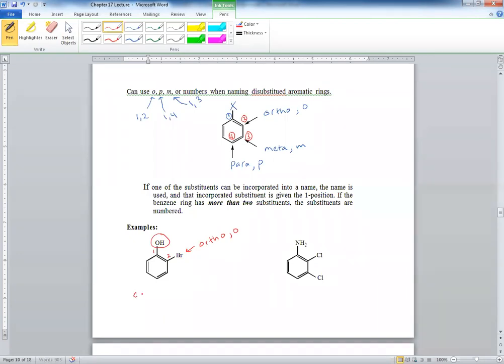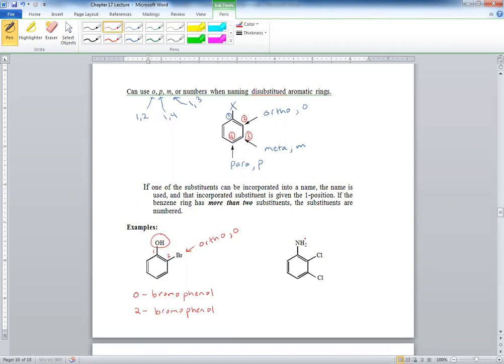You can call it o-bromophenol or 2-bromophenol. Either one is acceptable. I would say the ortho pair is used more often than the numbering when you have 2 substituents.